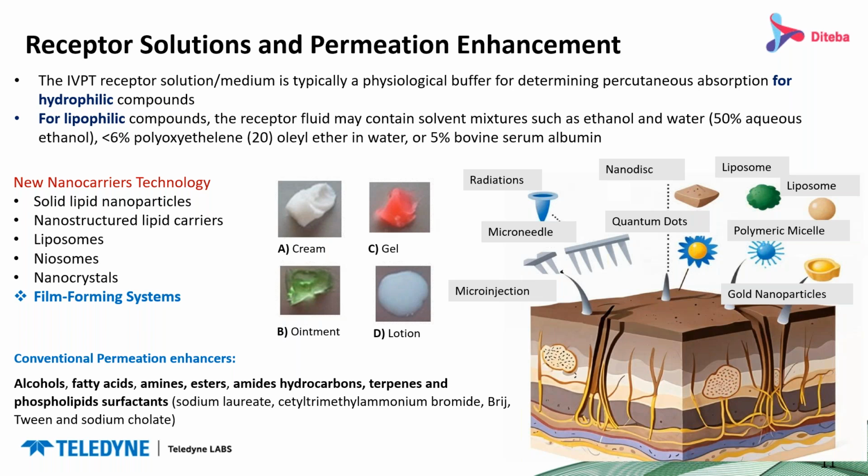Non-ionic surfactants like Tween 20 in PBS, typically at 0.1% to 1% levels, have been effective. Ethanol is a well-known penetration enhancer, altering the skin lipid bilayers to increase permeability. It affects hydrophilic compounds' permeability, but not lipophilic ones.